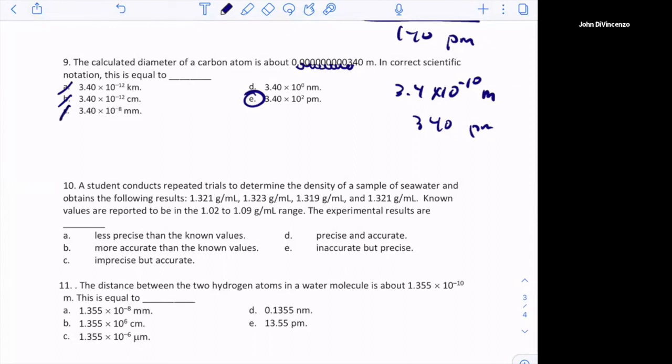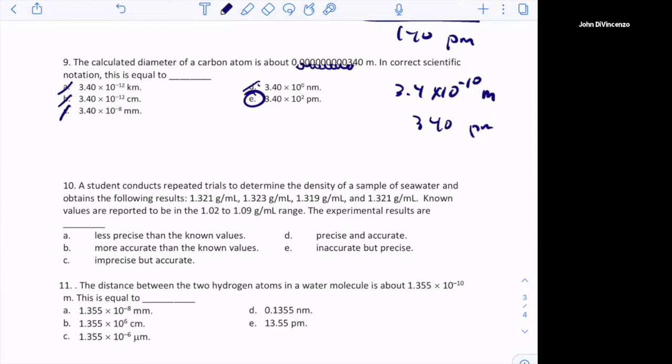No, oh, that's milli. I'm sorry, that's milli. Milli's only a factor of 3 different. It's off by 1, so that should be 0.34 nanometers. Right? Because it'd be times 10 to the 9, you'd have 3.4 times 10 to the 1 nanometers, not 10 to the 0. So E is the correct answer.